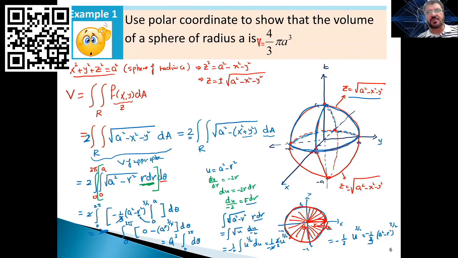This is 3, so it's going to be 2/3 of all of that. Again, sorry, this is minus 1/3, so it's minus 1/3 over here. Minus 1/3 times 2 is minus 2/3. So the answer is negative 2/3.